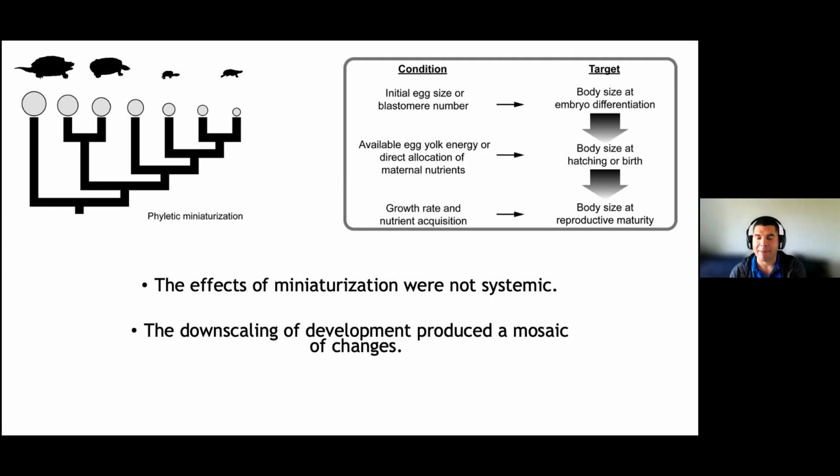And then also the amount of energy that's allocated to eggs will determine body size at hatchling. And then ultimately, growth rate will determine body size at the adult stage. And an important finding was that the effects of miniaturization are not systemic. So the downscaling of developmental processes will not be proportional across the different hierarchical levels of the organism.